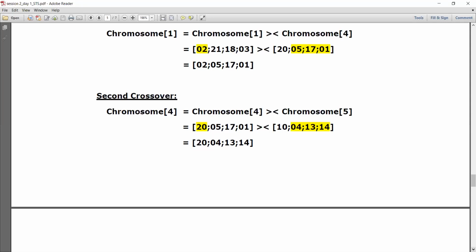We have the same cut point 1, but with chromosome 1, take the head, 2, and the tail portion is taken from chromosome 4 after gene point 1. So now we are going to club these two. So the answer is 2, 5, 17, 1. The same way you can proceed for the second crossover also.